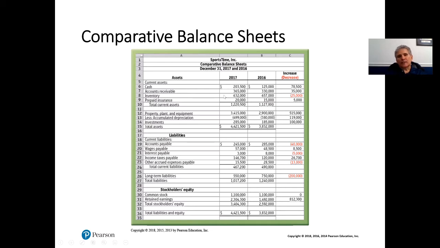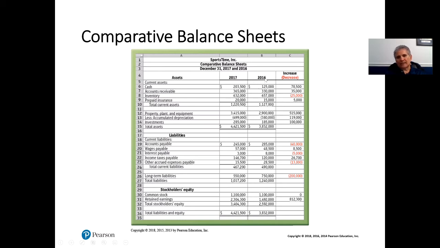But we're also going to include the balances as of 2016, which makes this a comparative balance sheet. 2017 and 2016, we're comparing the two periods.